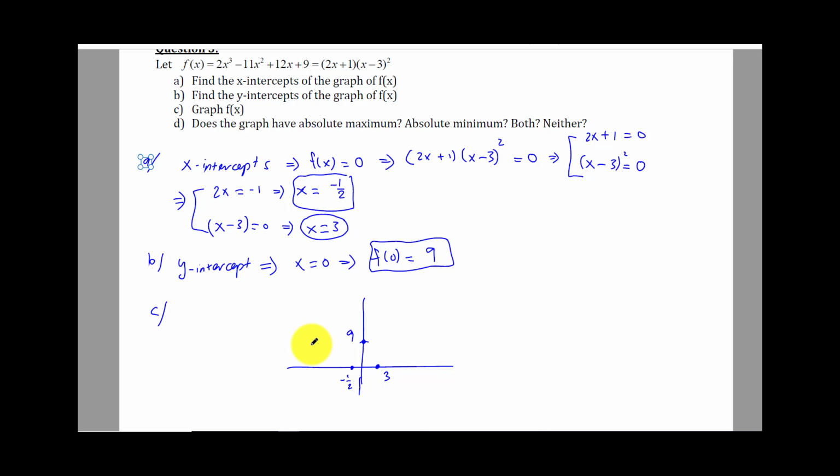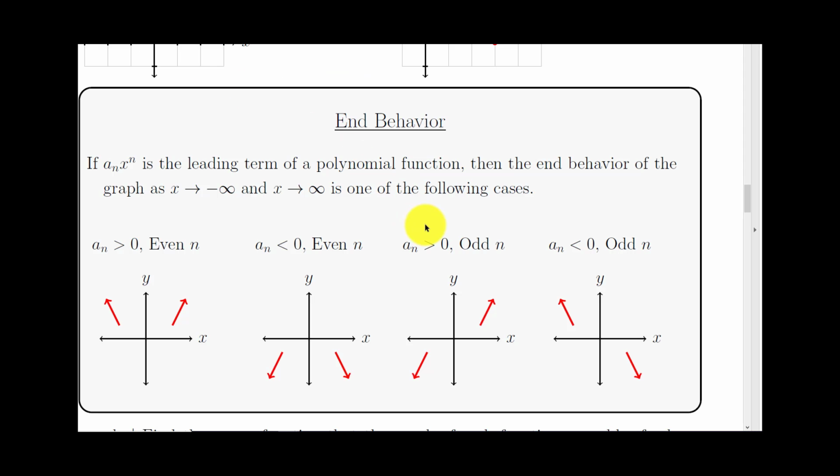But we know from section 5.1, go back to section 5.1, we can take the leading term and check the end behavior. The leading term is the one with the highest power, and if the power is even and the coefficient is positive, then the two end behaviors should be going up.